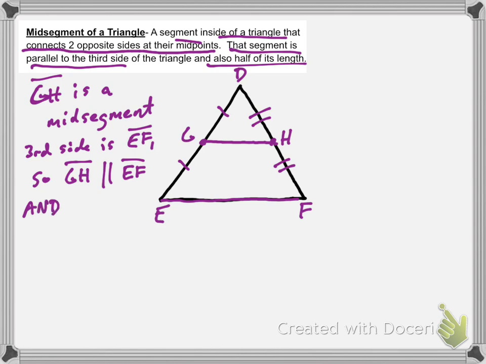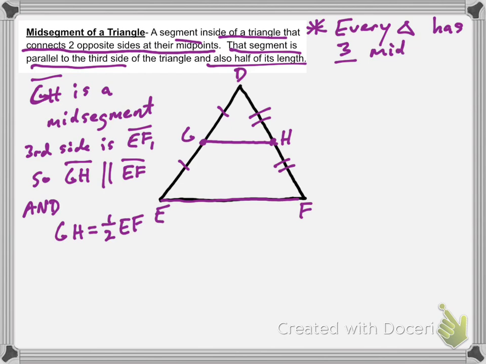So GH is 1/2 times the length of EF. Now, that's just one midsegment. A triangle has 3 midsegments because there's 3 sides of a triangle. So let's make a note of that. Every triangle has 3 midsegments.